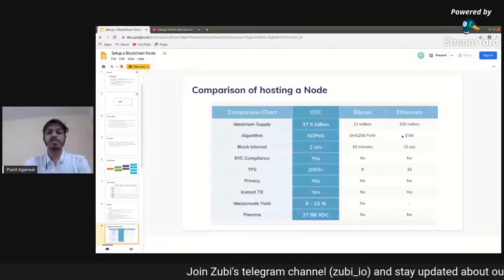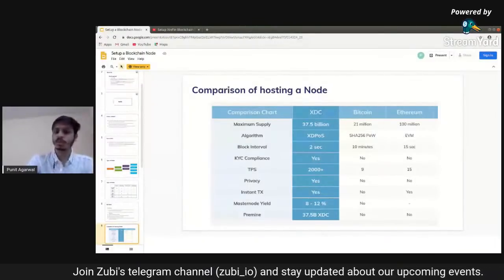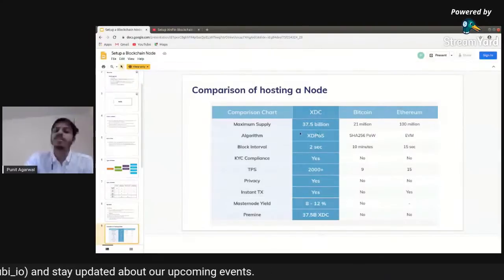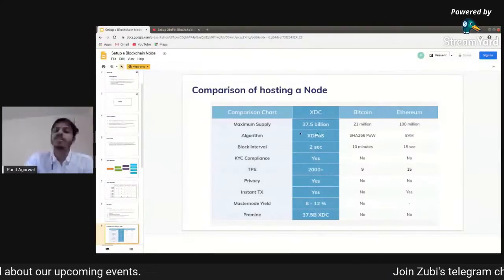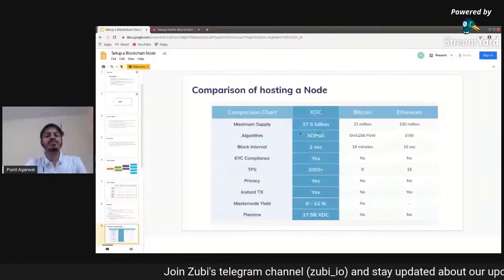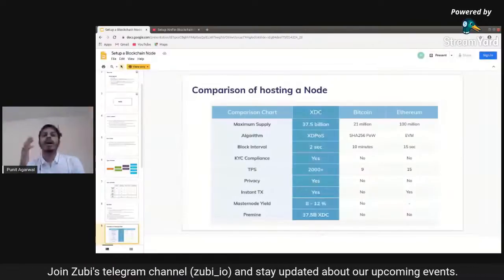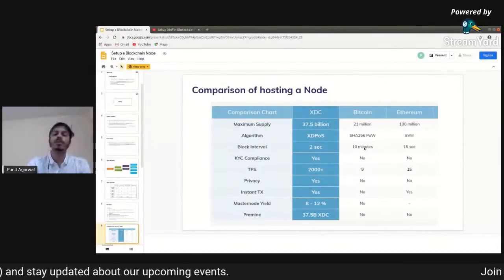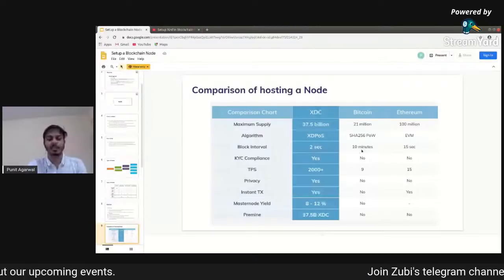EVM is basically the Ethereum Virtual Machine, and in XinFin the algorithm is XinFin delegated proof of stake. Here the block interval is 2 seconds. This means a block gets added every 2 seconds, whereas in Bitcoin and in Ethereum it is 10 minutes and 15 seconds respectively.